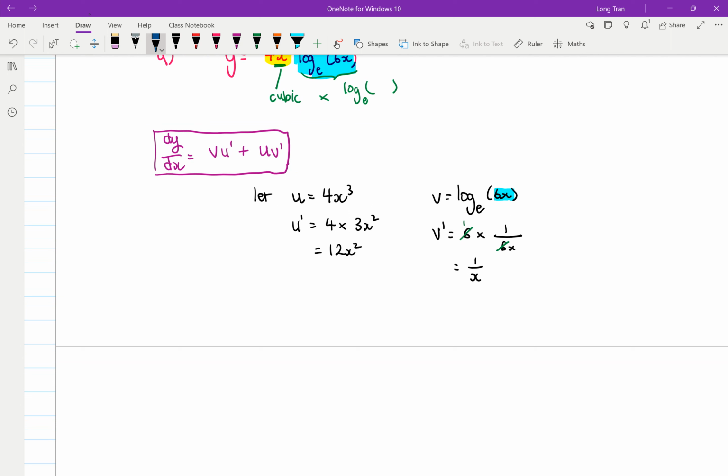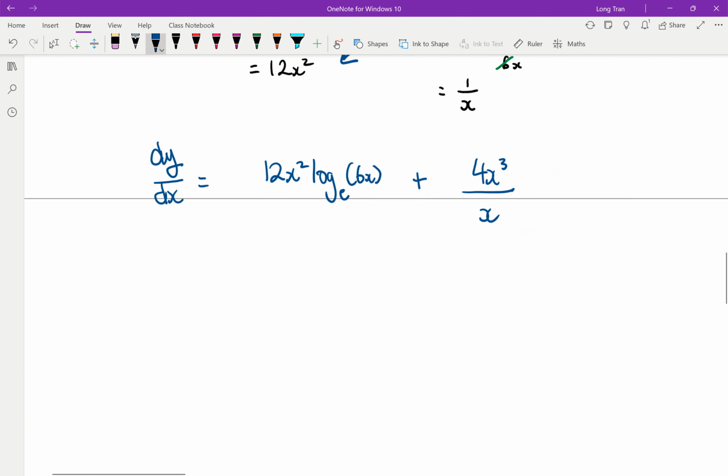Okay, so together, what is my answer? Together, we know that dy/dx was meant to equal v u dash, so v times the u dash, which makes it 12x squared times v, which is log e of 6x, okay, plus u times v dash, which is 4x cubed, multiplied to 1 on x, which becomes 4x cubed on x.